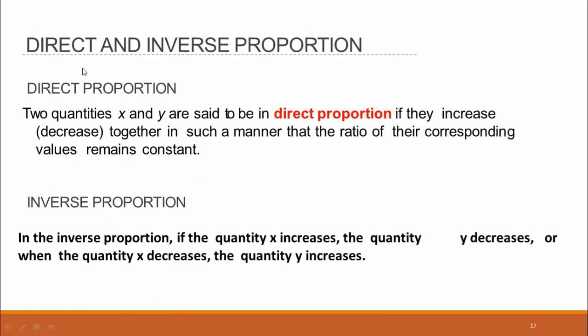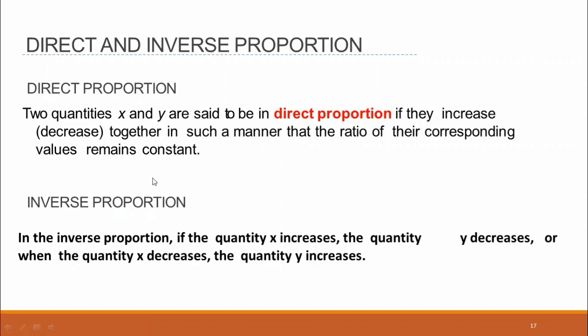Now direct and indirect proportion. Direct proportion: two quantities x and y are said to be in direct proportion if they increase or decrease together in such a manner that the ratio of the corresponding values remains constant.